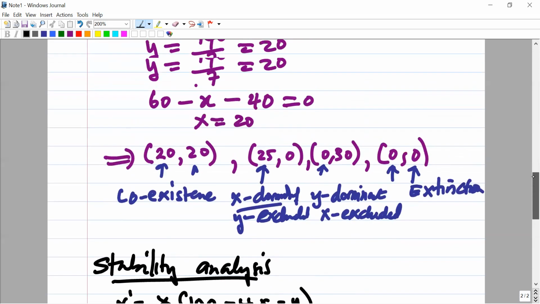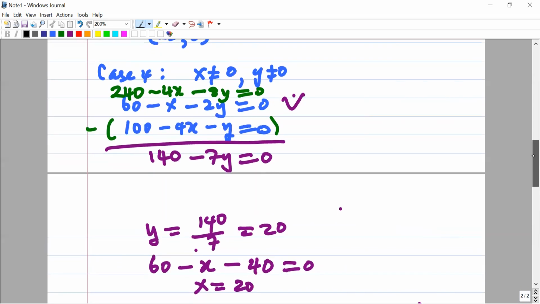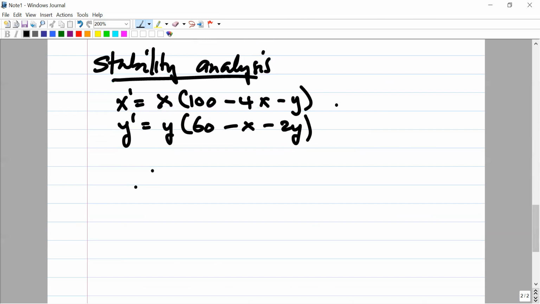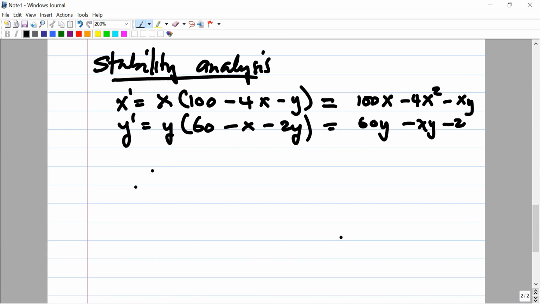Let me cross check. Yes, so I will just expand them: 100x minus 4x squared minus xy, and 60y minus xy minus 2y squared. So we want to find the Jacobian.